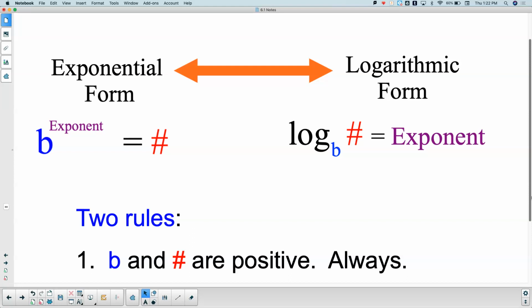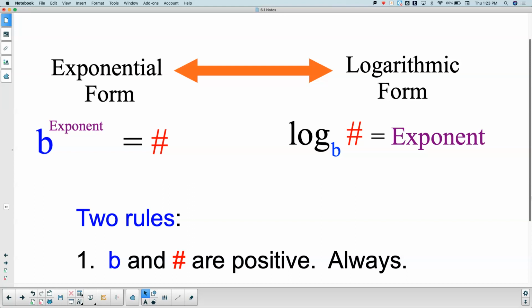Just like Walmart. Their slogan used to be always low prices. Always. So b and the number are positive all the time. The exponent can be negative. But b can't be negative, and my number can't be negative.